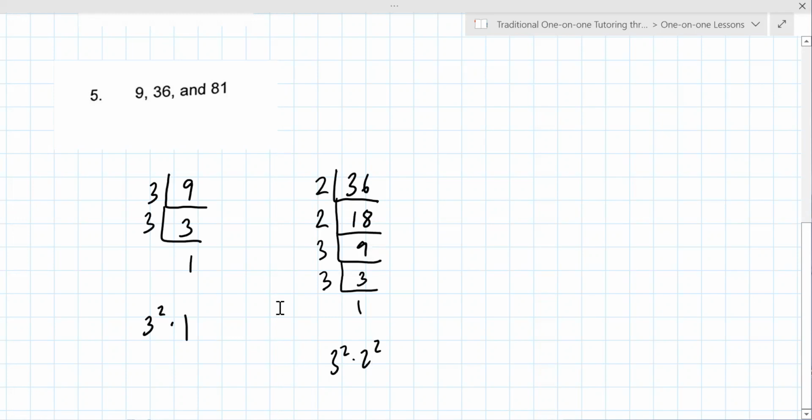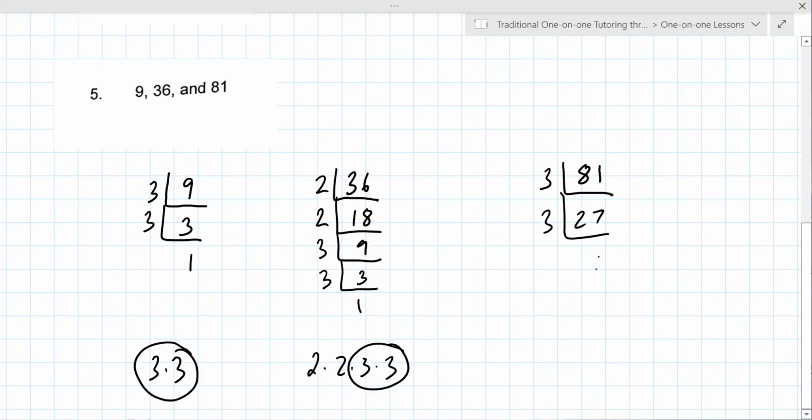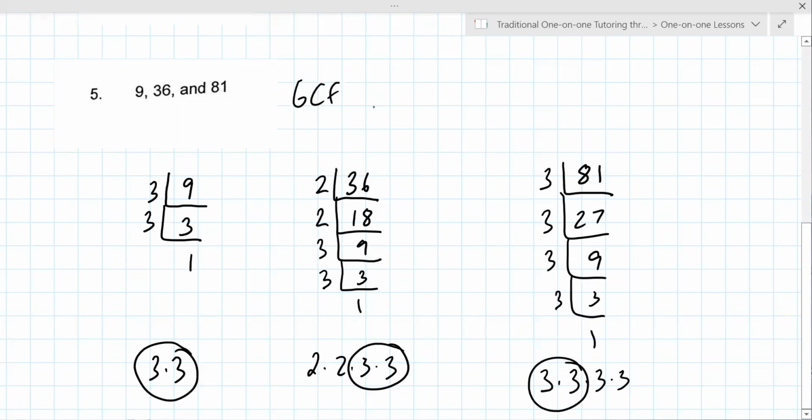What we do is we write them out like 3 times 3, 2 times 2 times 3 times 3, something sort of like that. I see. Yeah, that's what I was going to suggest, doing it slightly differently. 2 times 2 times 3 times 3, and you sort of say, oh, there's two 3s in both. Hopefully there's multiple 3s in the next one, and there are. So this is 3 times 3 times 3 times 3. So yeah, your GCF will be 9.